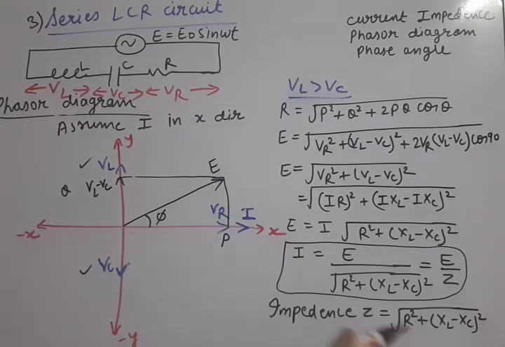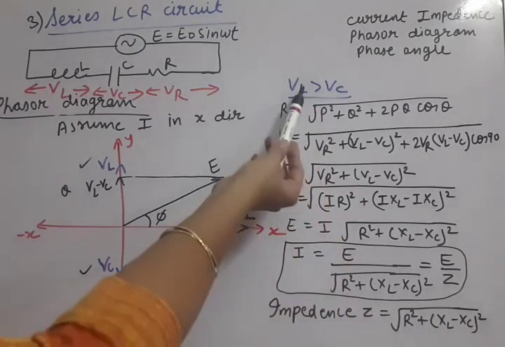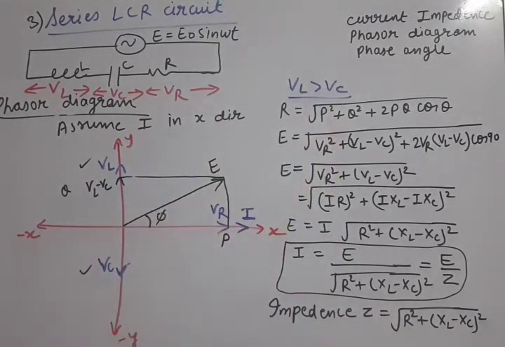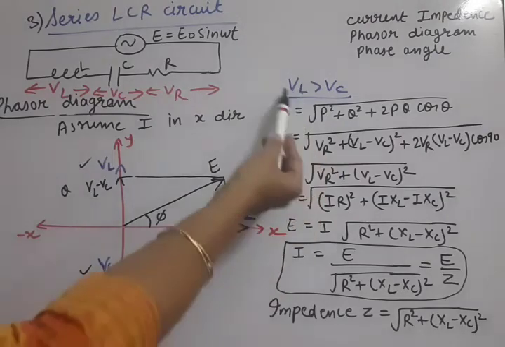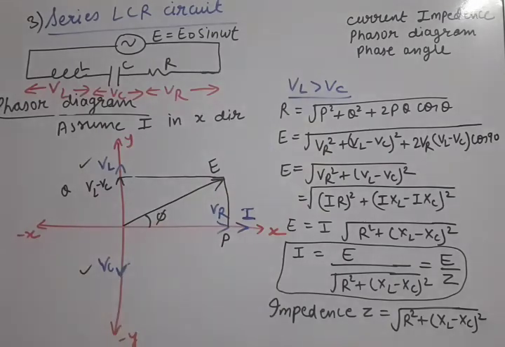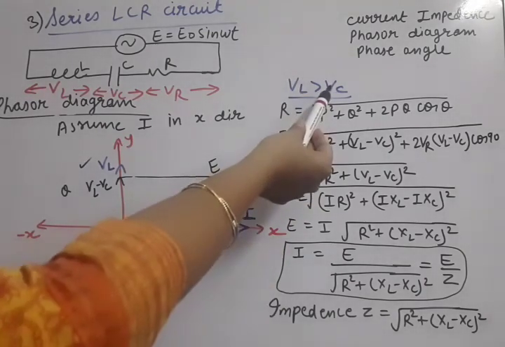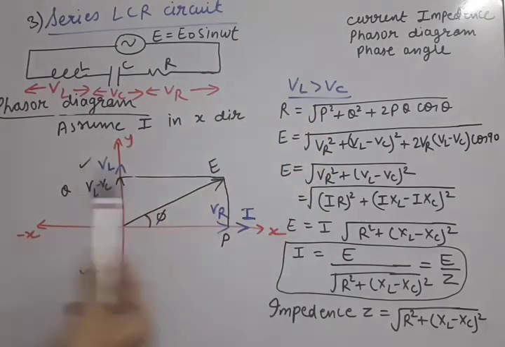Okay, now you can notice one thing, that we are getting XL minus XC whole square because we assumed that VL is greater than VC. But in case when VC is greater than VL, just reverse. In the formula also we can write XC minus XL whole square.